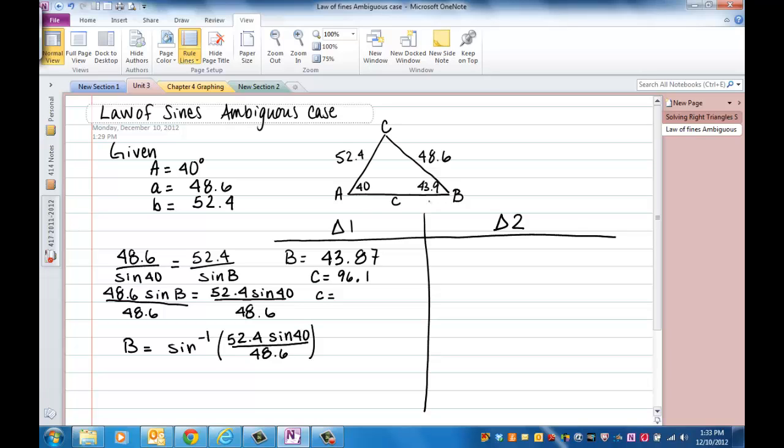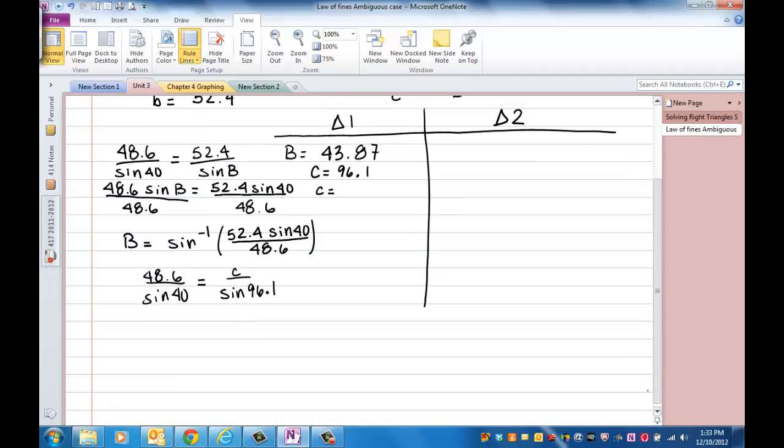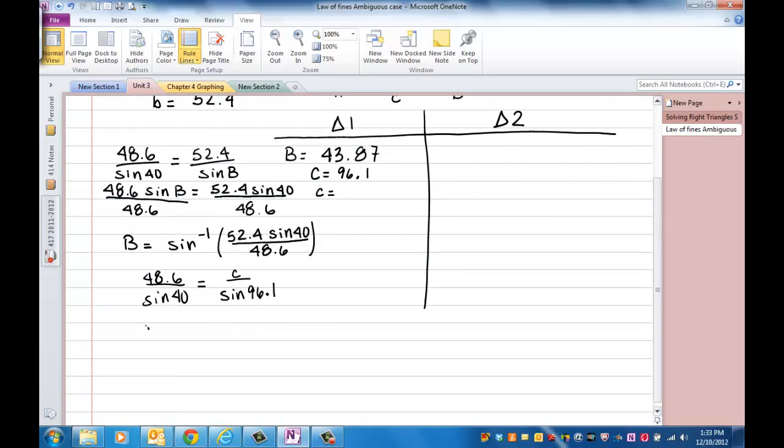So I'm once again going to set up another law of sines. Do my cross multiplication.